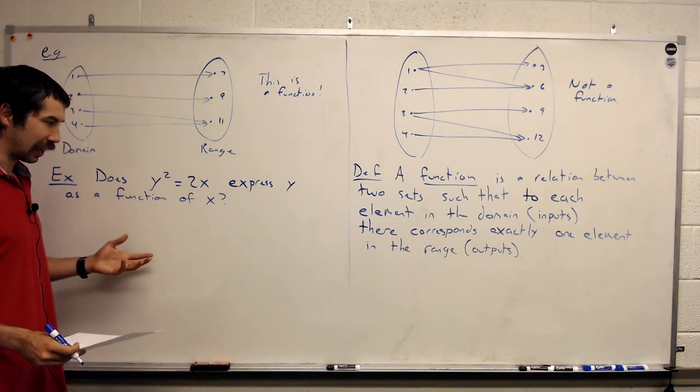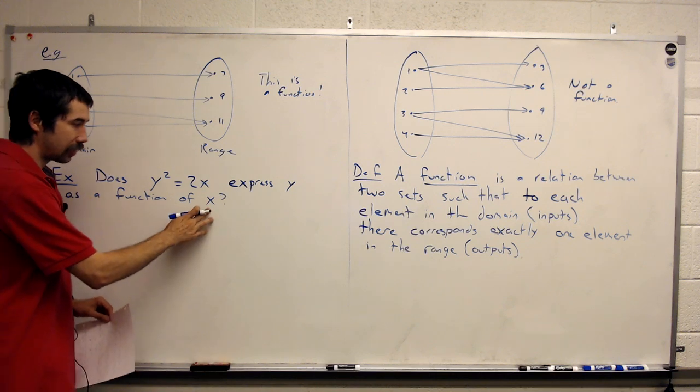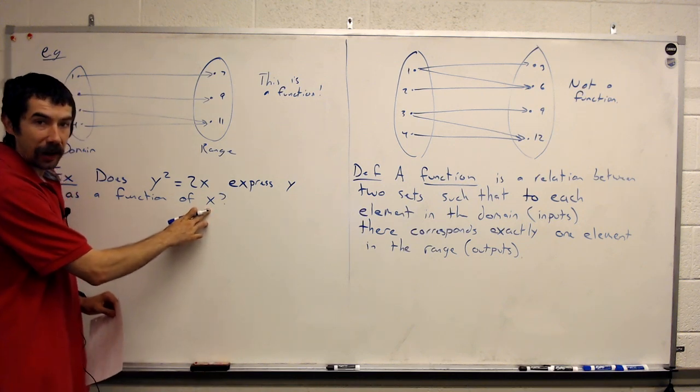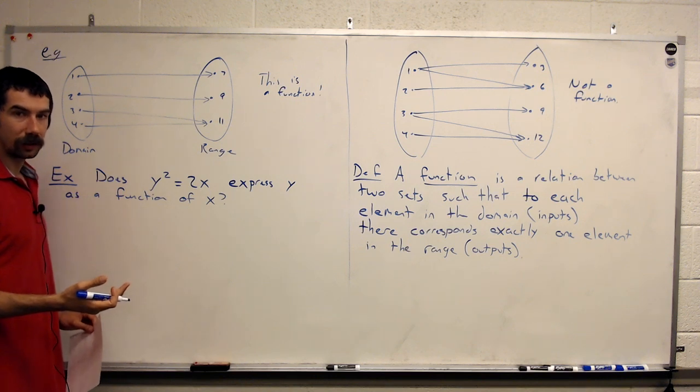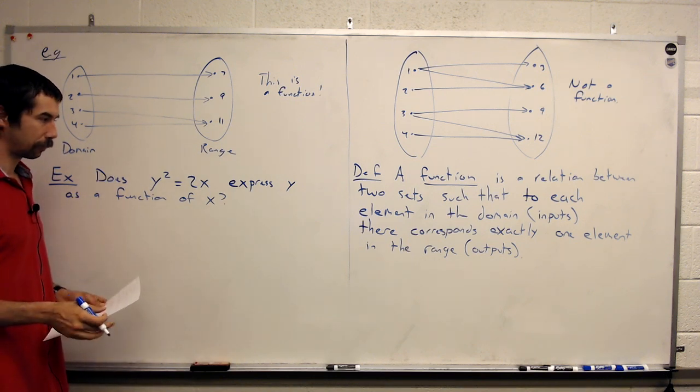Basically, what we're asking here is for each value of x, does it correspond to exactly one y value? If the answer is no, then this is not a function.